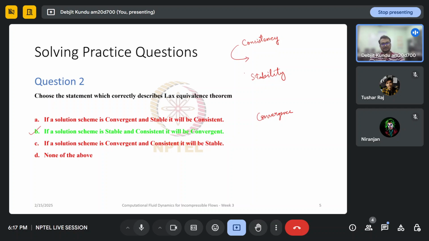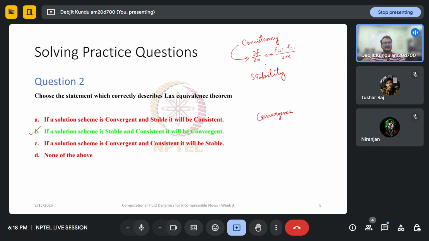So what does consistency mean? Let's say I have given you a discretized form of a difference. Let's consider the example in the previous slide. So we had ∂f/∂x, and let's consider the central difference scheme. So we had this (f_{i+1} - f_{i-1}) divided by 2 delta x.